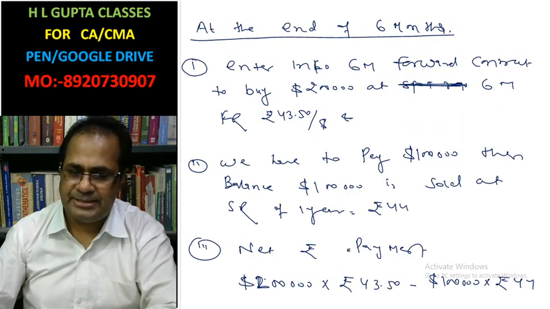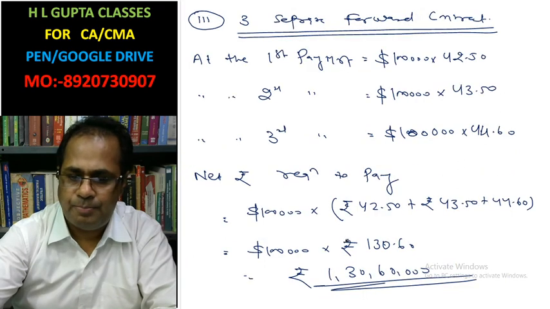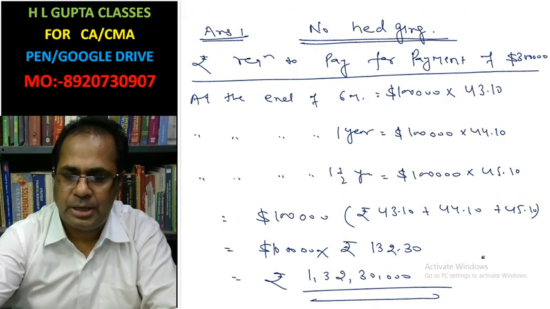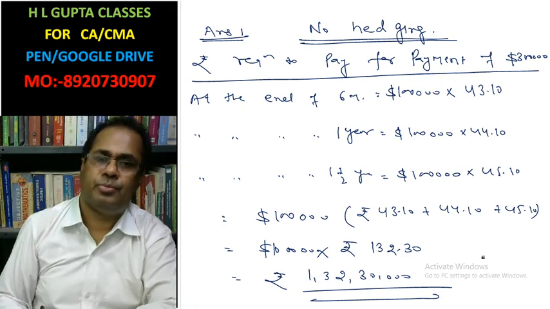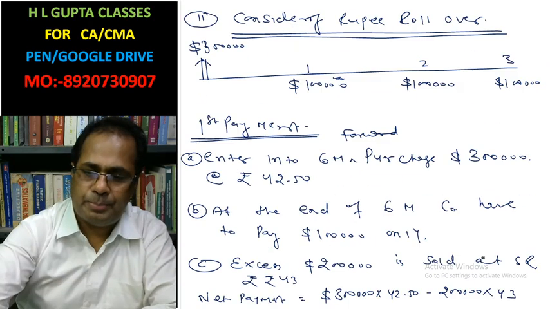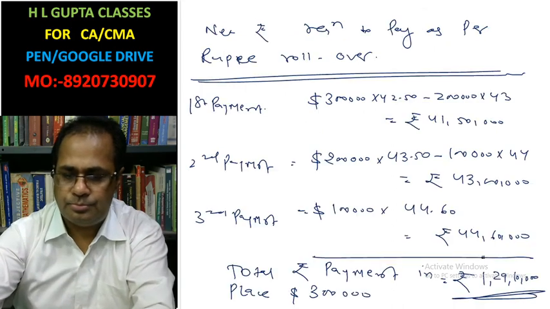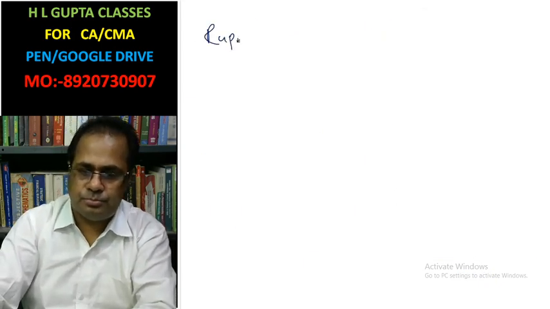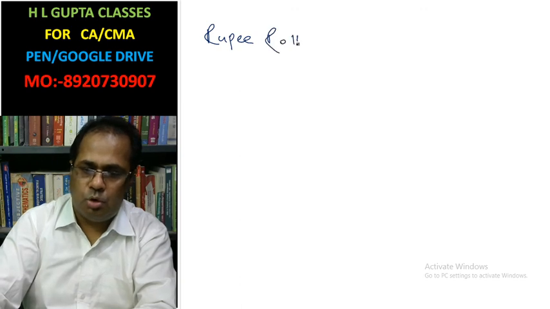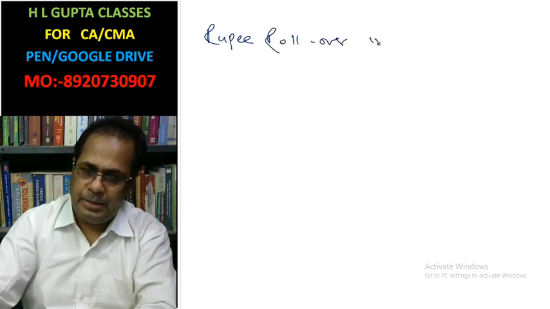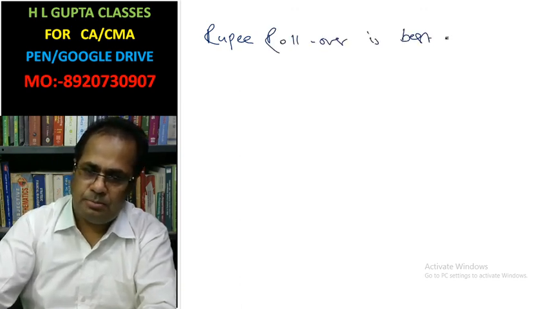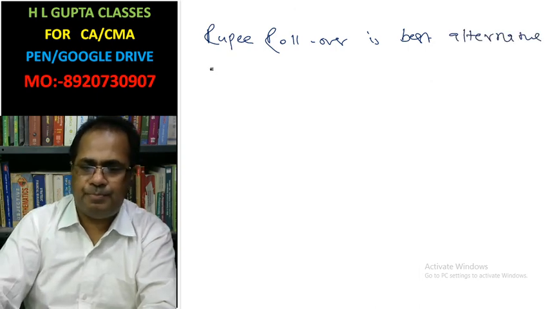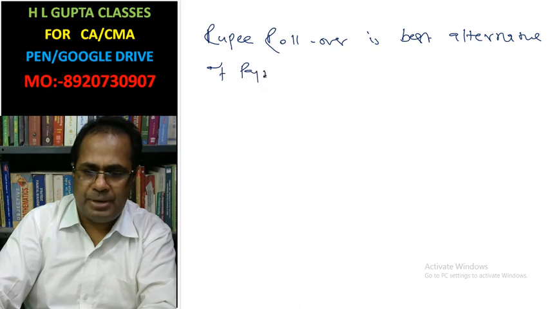Here this is in the forward rate 1,30,000, 3 separate forward rate, and no hedging 1,32,000. Rupee rollover is the best alternative of payment.